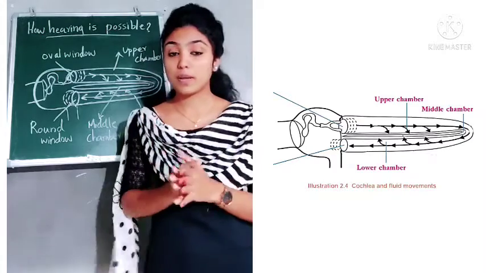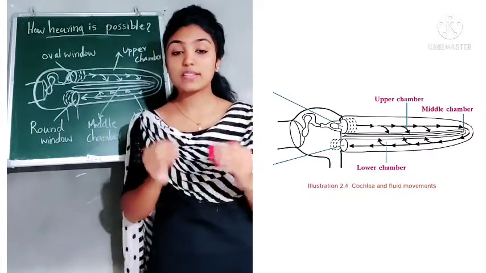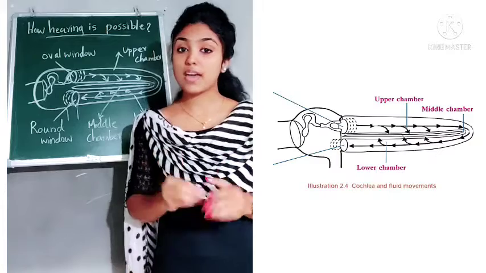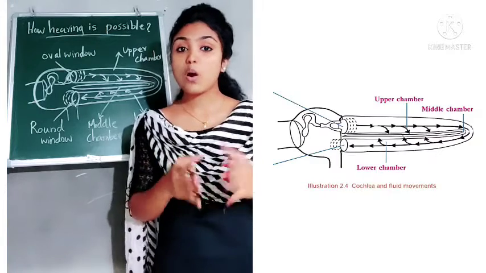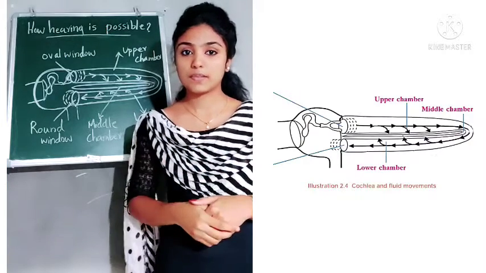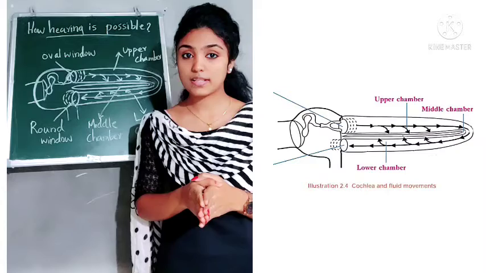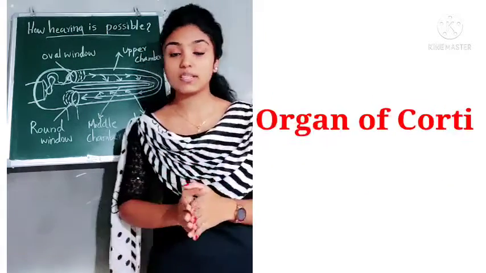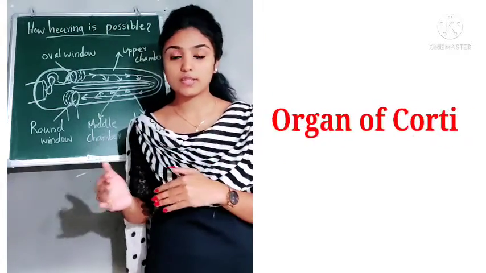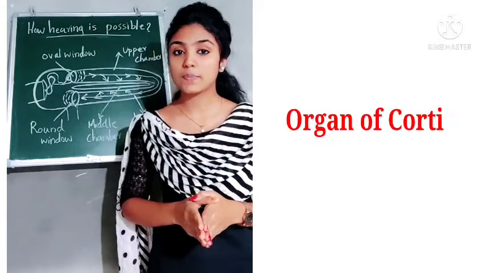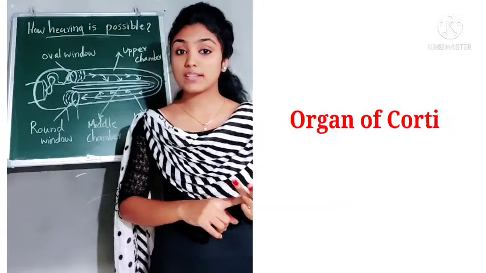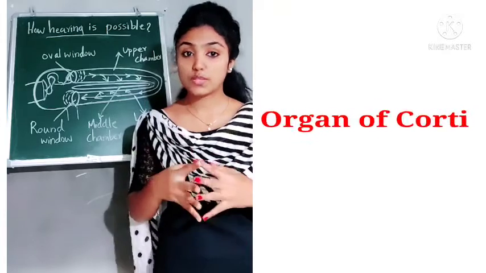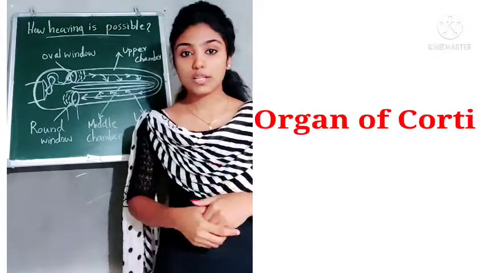And on that membrane we can see specialized sensory hair cells. These sensory hair cells act as the auditory receptors. The sensory hair cells, along with the basilar membrane, are commonly known as the organ of Corti. So what is the organ of Corti? The specialized sensory hair cells along with the basilar membrane constitute the organ of Corti.